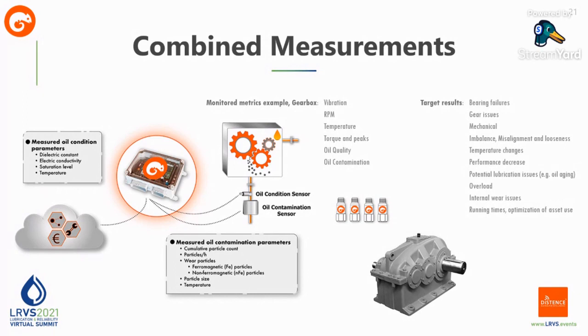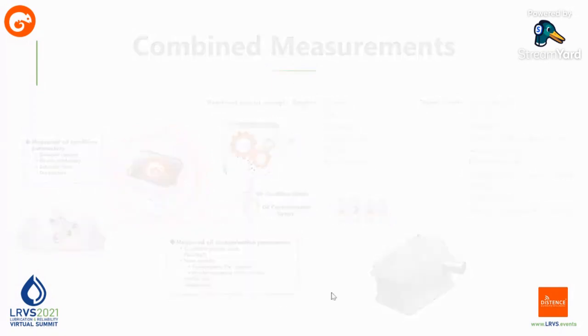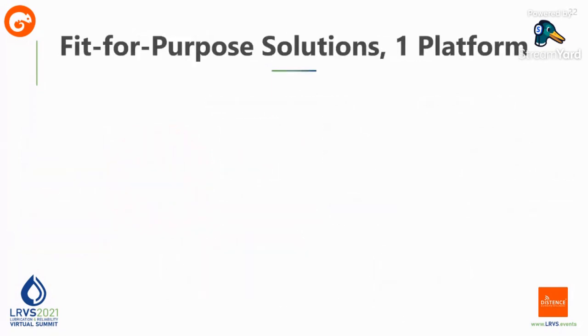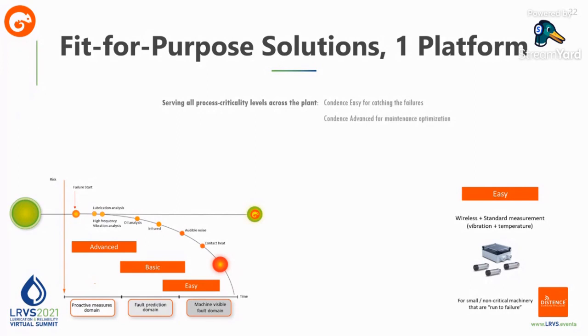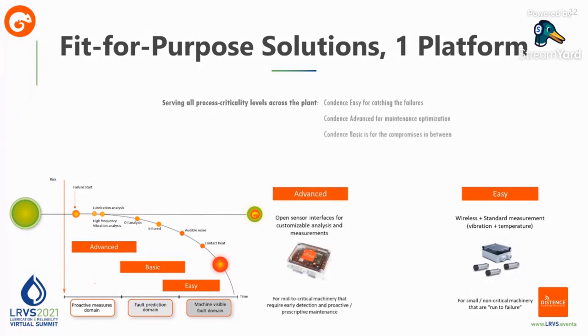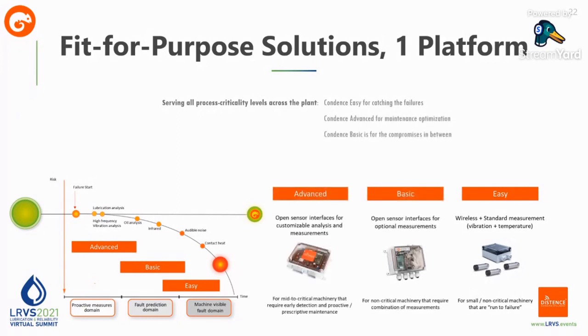And for the driven machine, basically any desirable and relevant metric can be added. Condense has more options available for various process criticality levels. And all this then easily scales across the plant or customer fleet, all within the same platform.